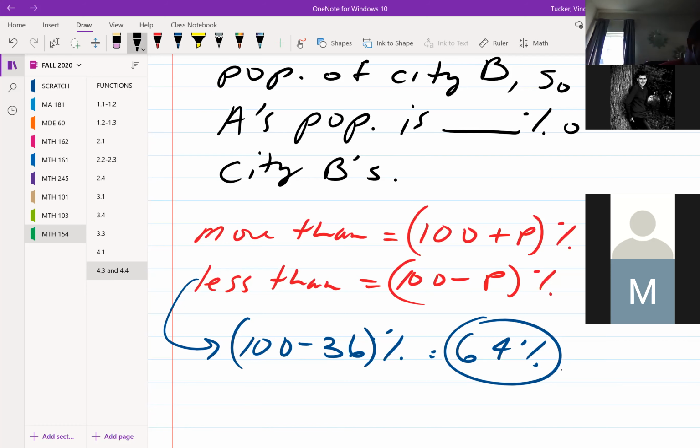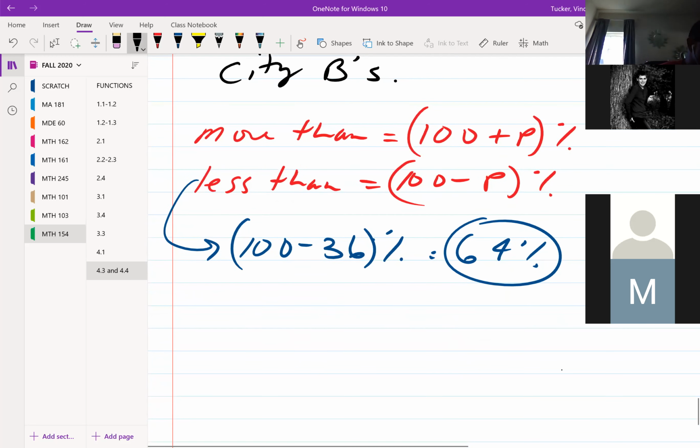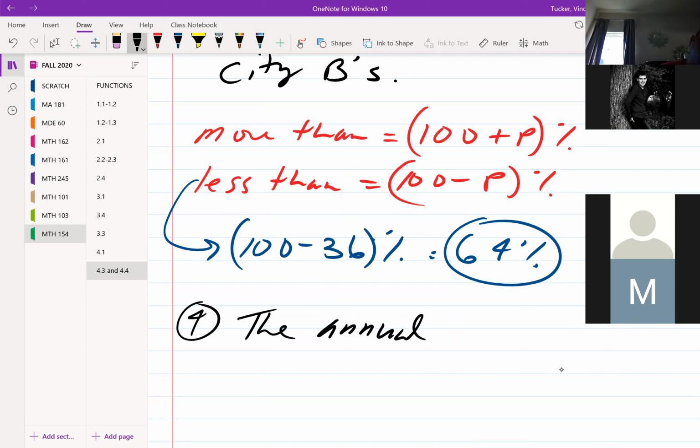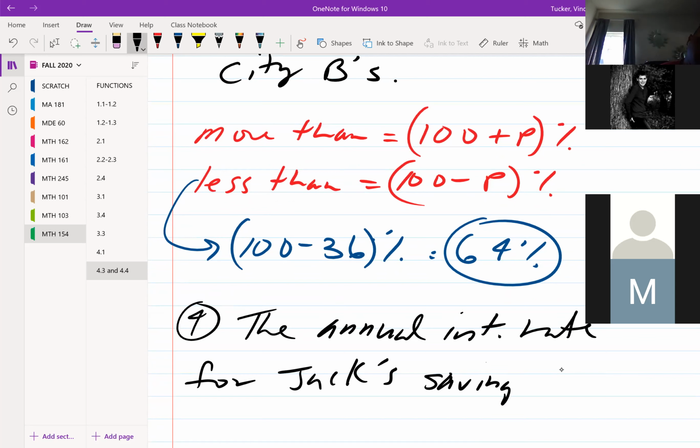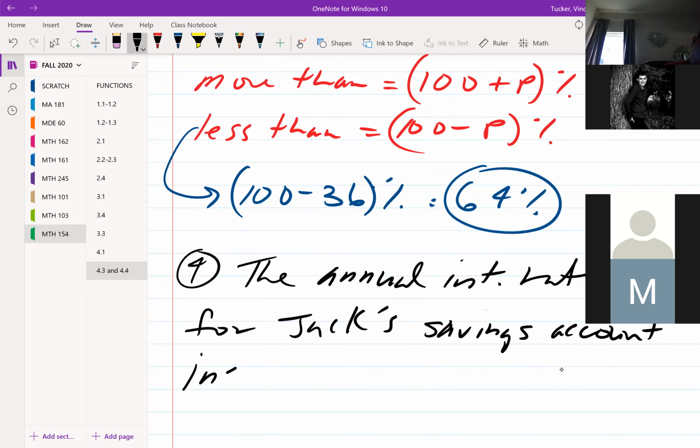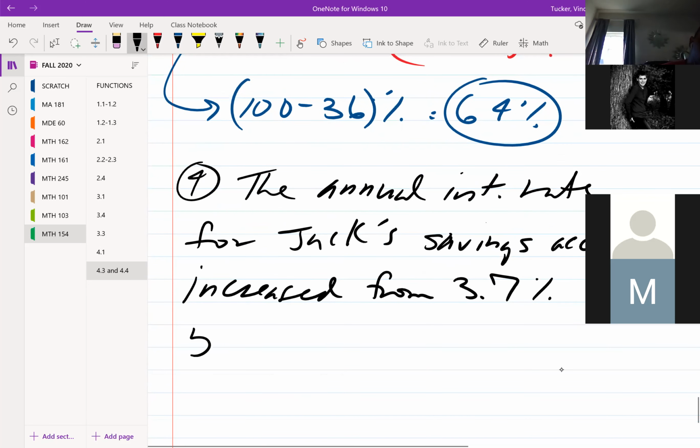All right, questions before we look at the next one. So the annual interest rate for Jack's savings account increased from 3.7% to 5.4%.